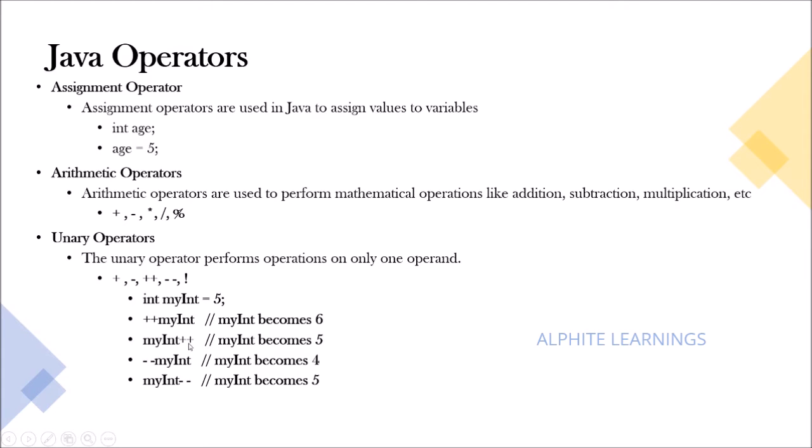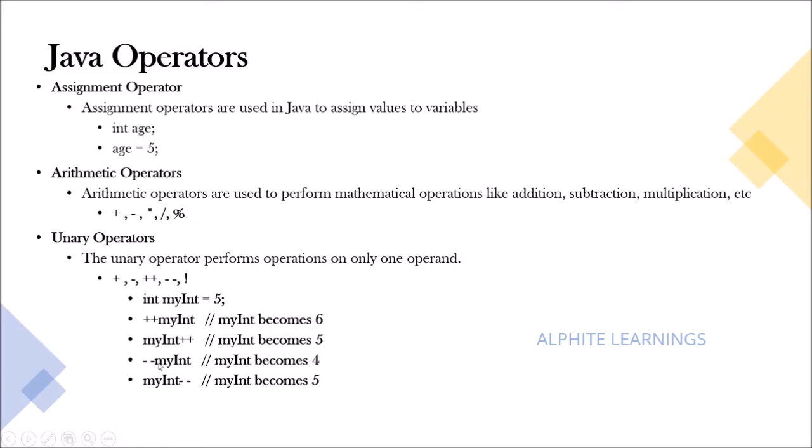After printing, the value will get incremented. Understand? So in the next cycle, if you print it again, you will get 6. So plus plus in front of a variable will increment the variable and then perform the operation. If it is behind the variable, the operation will be performed and then the value will be incremented.